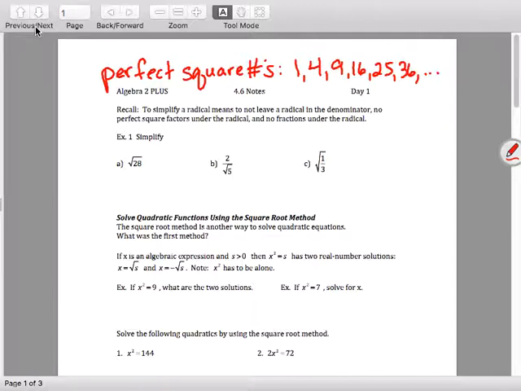So in example 1, if I have the square root of 28, I'm hoping, based on what I did in the warm-up yesterday and on your homework, you guys are in way better shape than if I hadn't. 28 is 2 times 14, and 14 is 2 times 7. The 2's are prime, and 7 is prime.